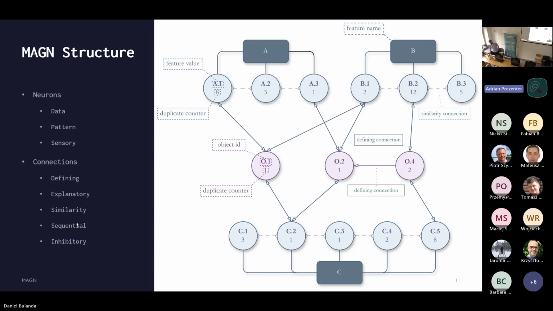Sequential connections are really important when we use ICS data, or maybe not exactly. Maybe we need to represent a logical sequence, not necessarily a time sequence, but for example, like an order. And inhibitory connections are also a very interesting topic, but they are not well used yet here.